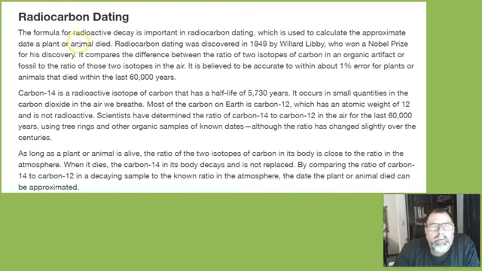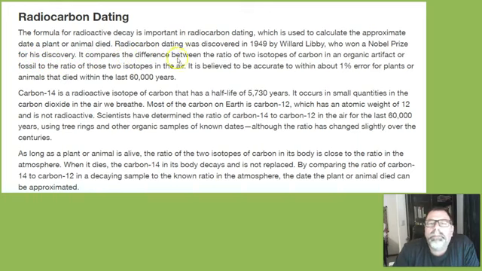So we can use this for radiocarbon dating. The formula for radioactive decay is important in radiocarbon dating, which is used to calculate the approximate date a plant or animal died. Radiocarbon dating was discovered in 1949 by Willard Libby, who won a Nobel Prize for his discovery.